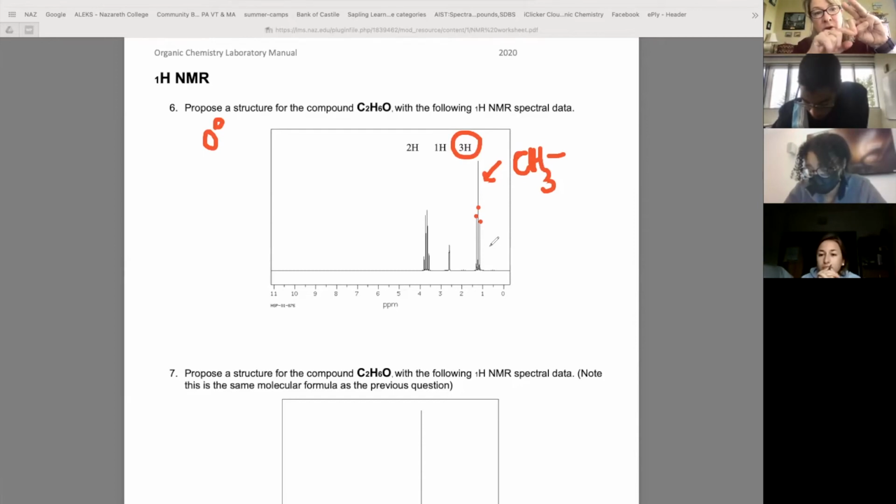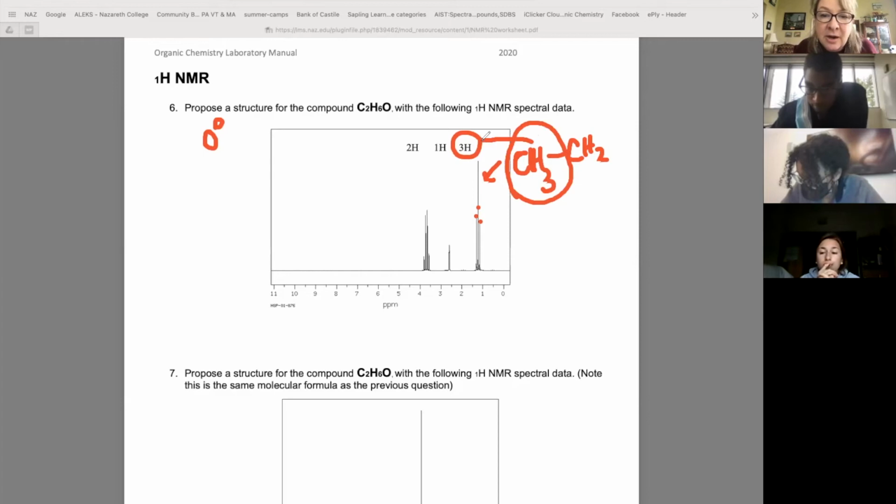The number of peaks is n plus 1. So if I have a triplet, that means there's 2 hydrogens next door. To finish this thought process, I have 3 hydrogens on a carbon that's next to a carbon with 2. And the reason I say that it's next to one with 2 is because of the splitting. So this CH3 is here, and then I'll change colors. This CH2 is because of the splitting.